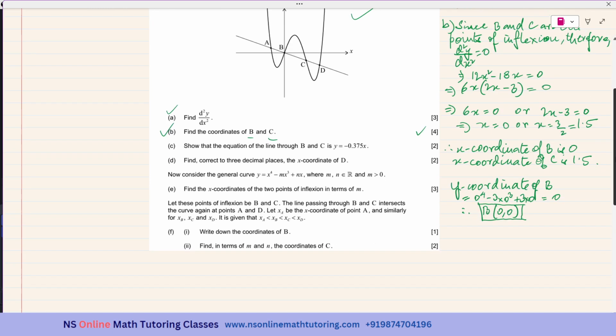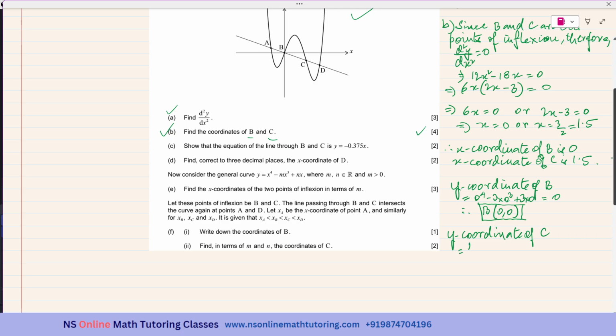Now the y coordinate of C. I'm not seeing the function expression, but I'm seeing the zeros. Wherever there is the 0, I'll be substituting 1.5.